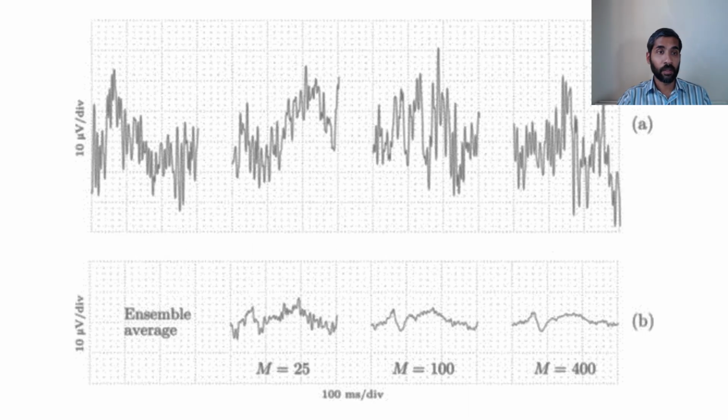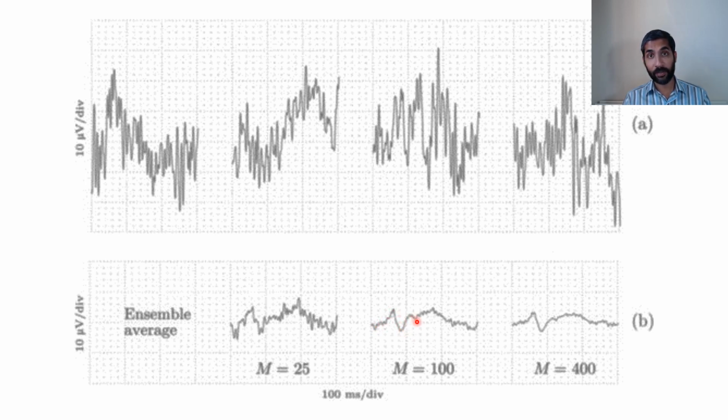For example, when you are just recording signals, you may get signals like this, and there's no discernible shape here. But if you do ensemble averaging and you use 25, you get a signal like this. So you have reduced some of the noise, but still you can't see a very nice shape, isn't it? If you average 100 of these signals, then you are starting to see a shape here.